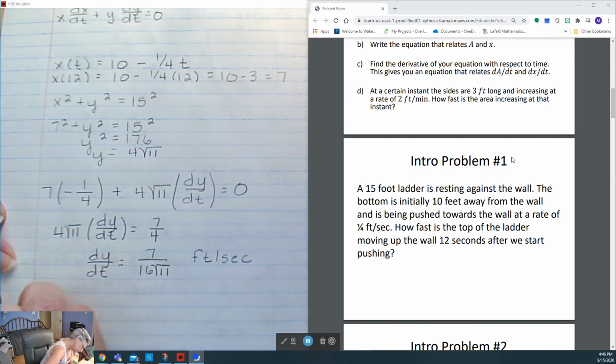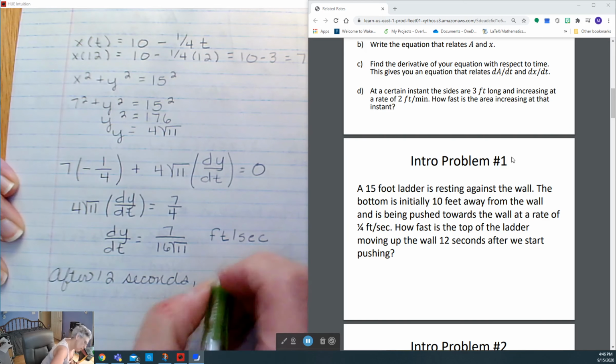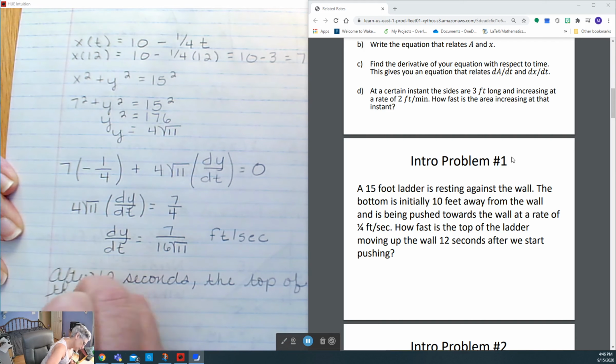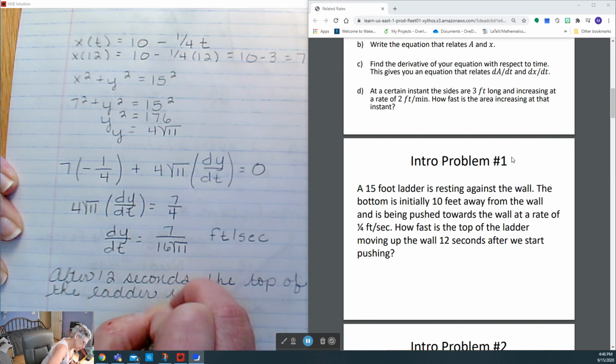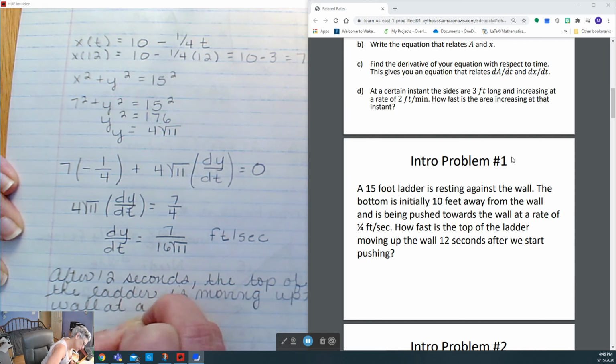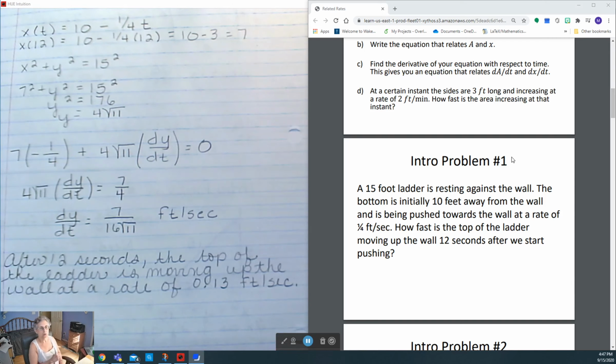So after 12 seconds, the top of the ladder is moving up the wall at a rate of 0.13 feet per second. And there you can see the whole sentence.